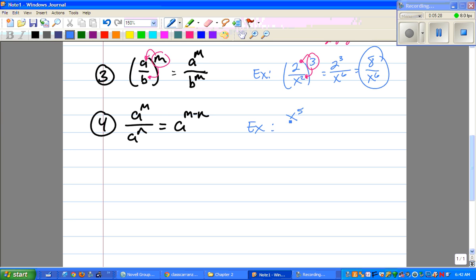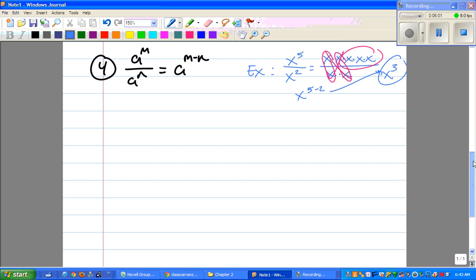So if we have x to the fifth over x squared, if we look that out the long way, when you have something on the top and the bottom and you're dividing, you look for things that you can cancel. Okay, and we can cancel those guys out, and we're left with x to the third, and that's 5 minus 2 gives you 3.